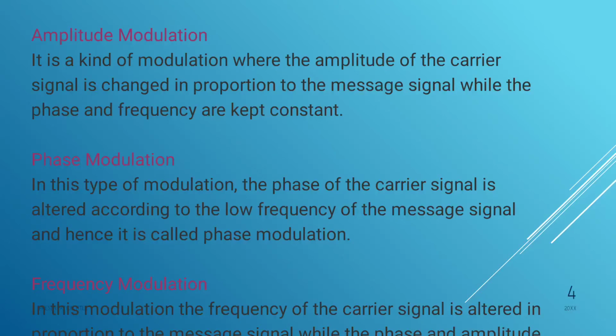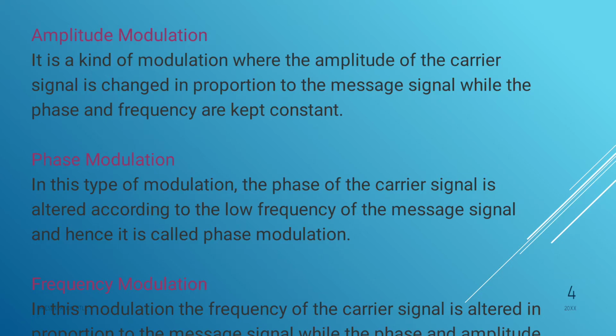It is a kind of modulation where the amplitude of the carrier signal is changed in proportion to the message signal, while the phase and frequency are kept constant. This is called amplitude modulation.